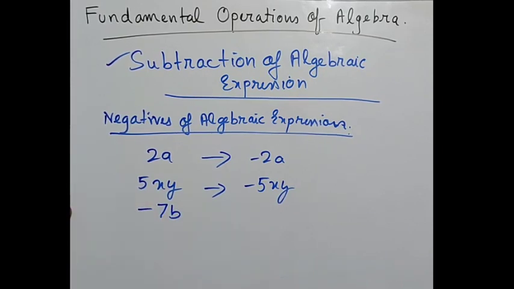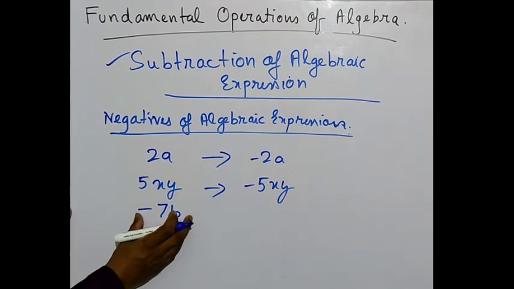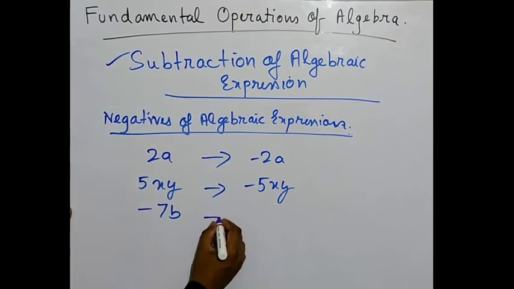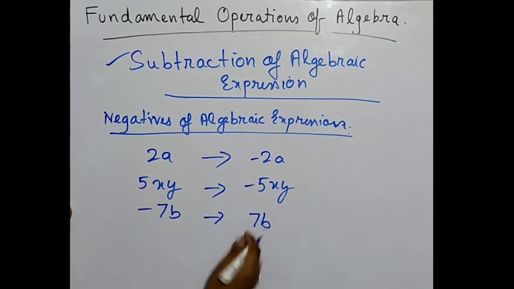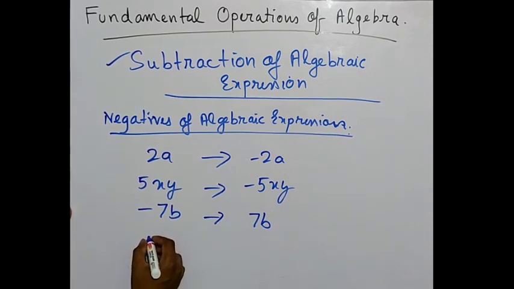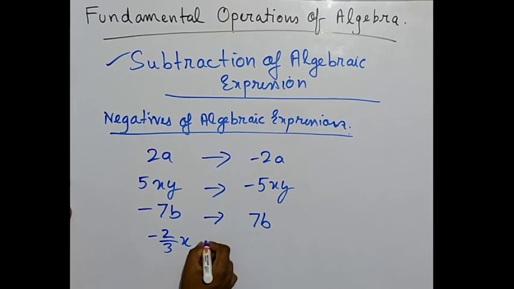If I tell you to subtract negative 7b from any term, you have to take the opposite sign. So the opposite of negative 7b is positive 7b, right? And then you will add it with that term from which you are asked to subtract. So what will be the negative of 2 by 3x? It will be the opposite sign, that is negative 2 by 3x.